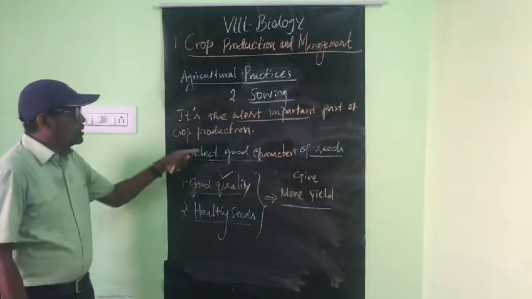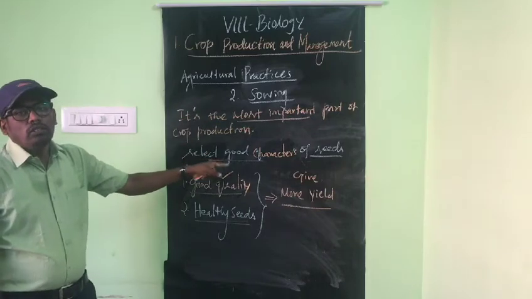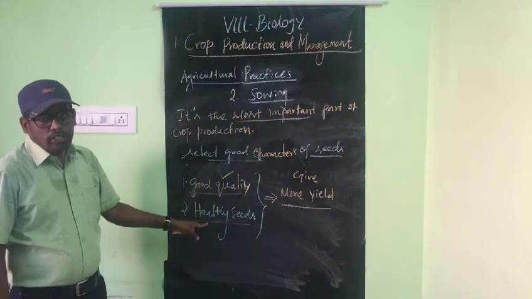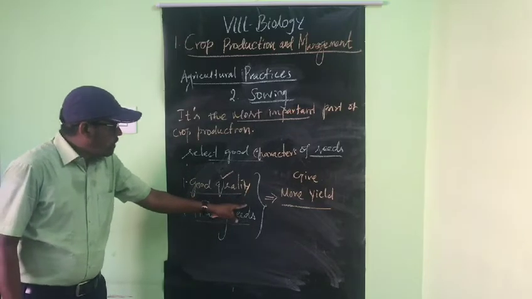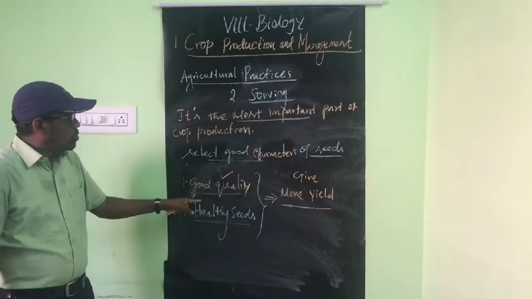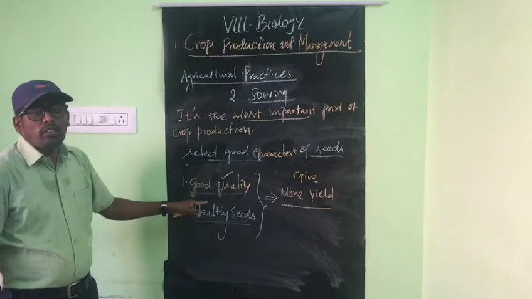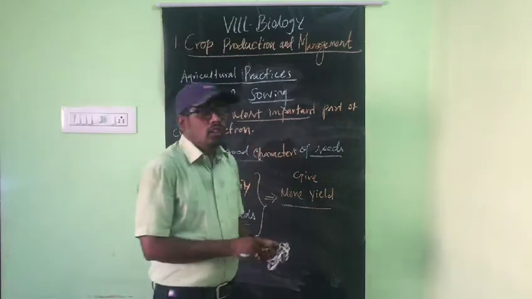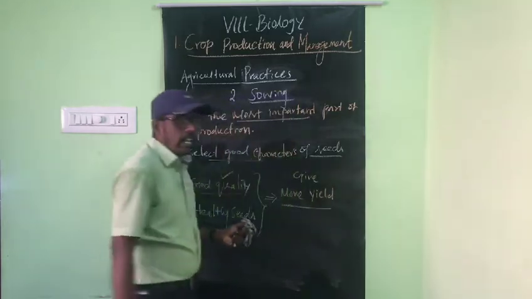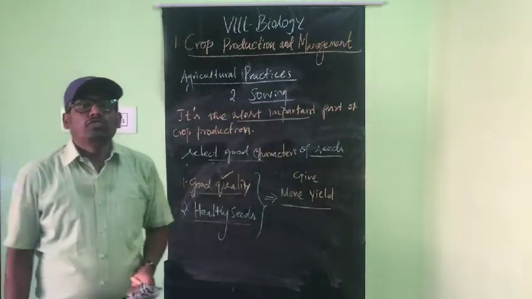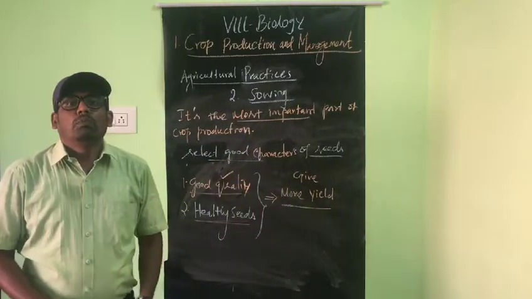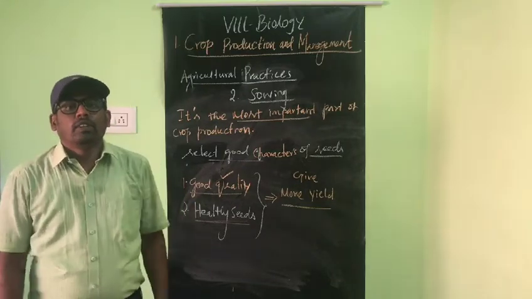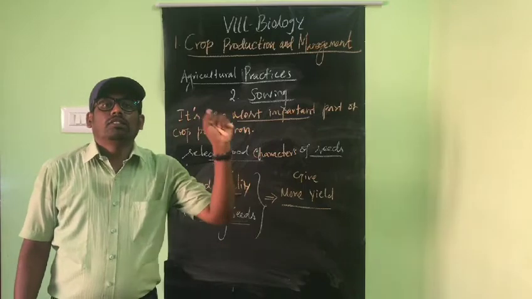So how do we select good seeds? These are the characteristics of good seeds, and when we select them, they give more yield. If we do not select good seeds, we get poor quality or diseased seeds.